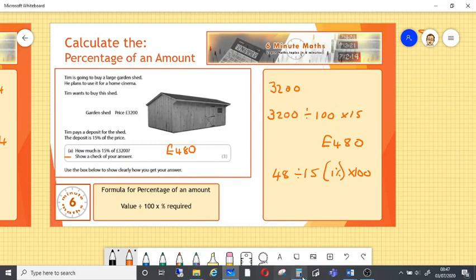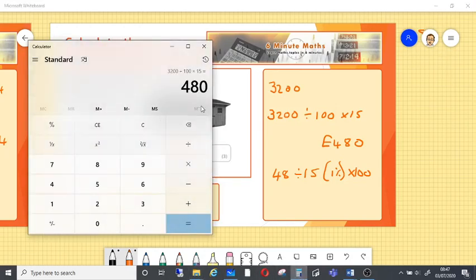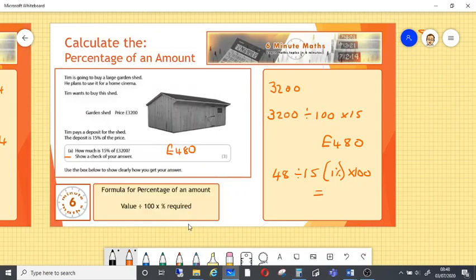So let's have a look and see. 480 divided by 15 times by 100 equals 3,200. So that could be my check. Always write check next to a check to show the examiner which part of your calculations are a check, and I need to put my 0 in there, my apologies.